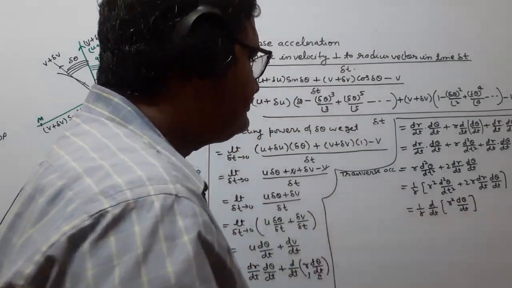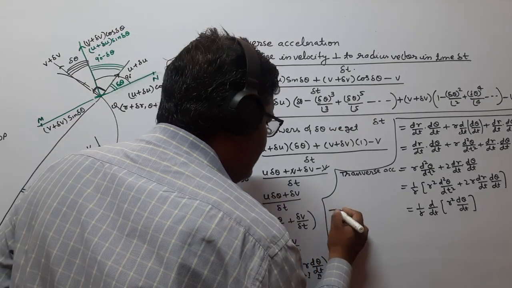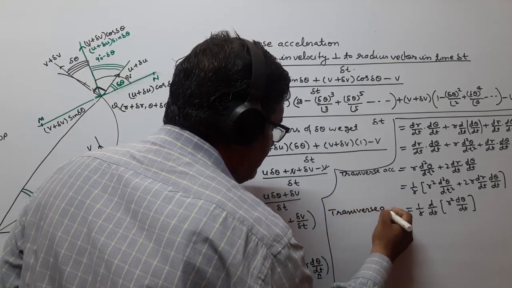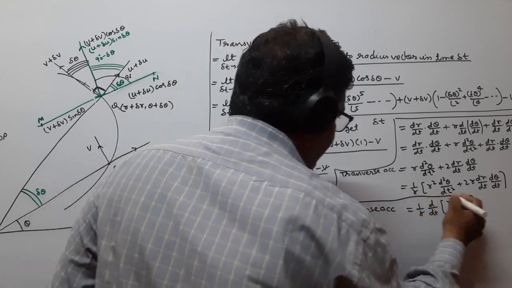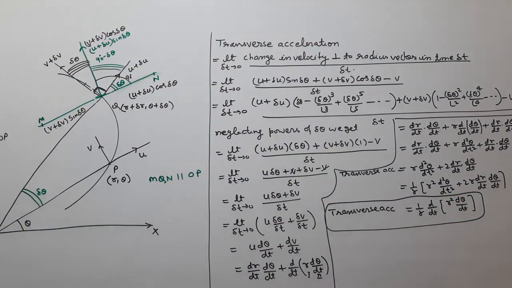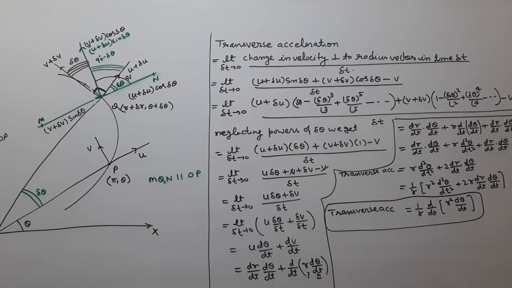So we know that the transverse acceleration of a moving particle can be evaluated from this formula: 1 upon r d by dt of r square d theta upon dt.